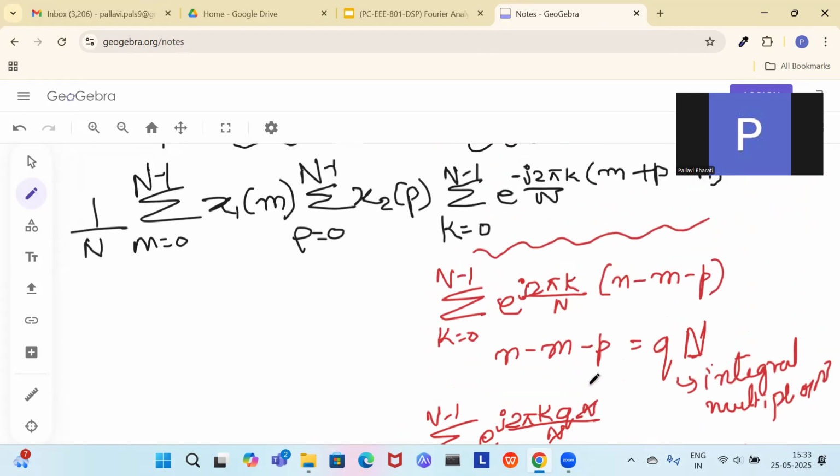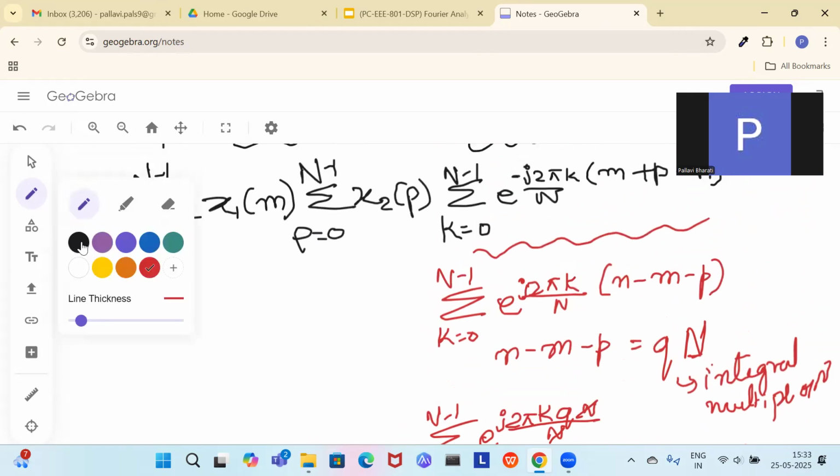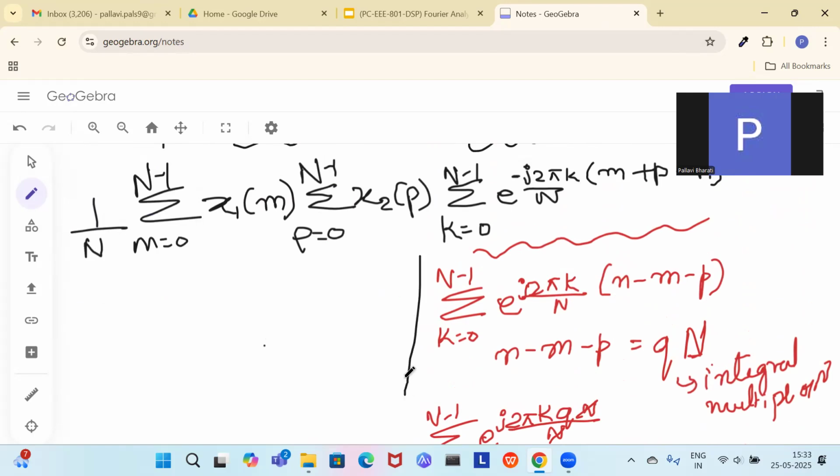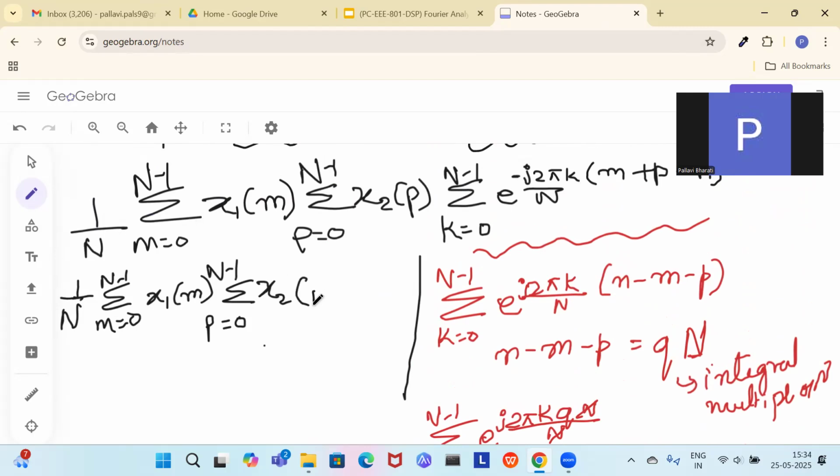In this part, what we were having was 1 by N, and this full thing is becoming N. So basically m equals 0 to capital N minus 1 x1[m], p equals 0 to N minus 1 x2[p], and the whole thing is multiplied with just N. Now see, this was given to us as p and this one was m.